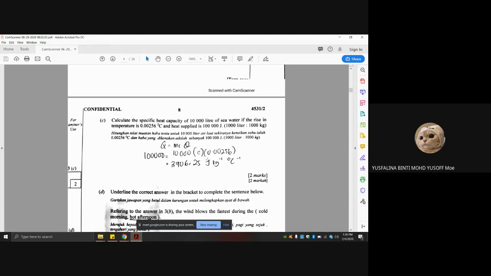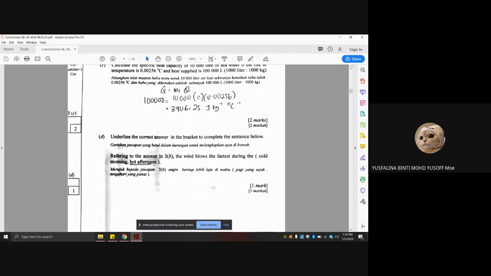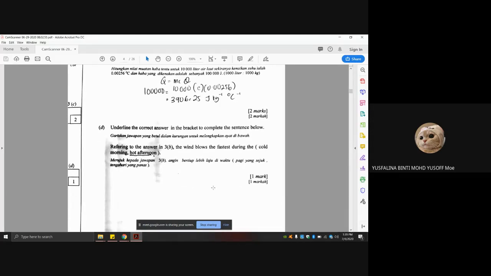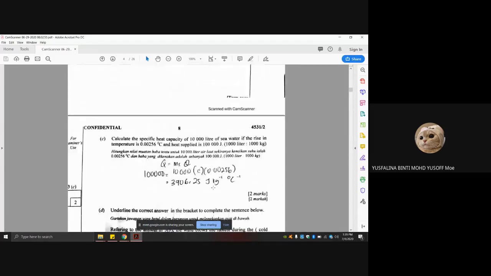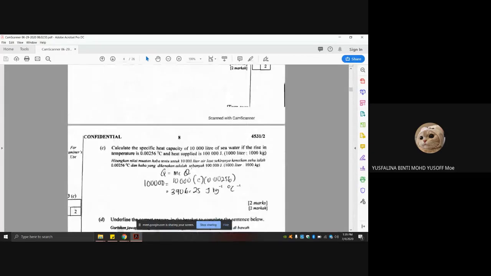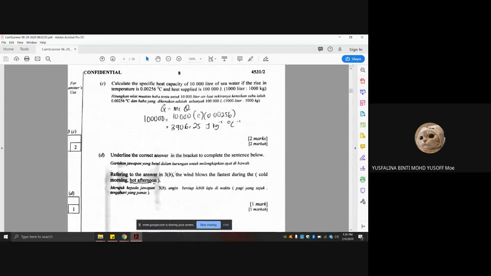In case you don't remember the unit for specific heat capacity, just write the value here. And then for D, underline the correct answer in the brackets to complete the sentence below, referring to the answer in 3B. So 3B: the wind blows faster during the hot afternoon.